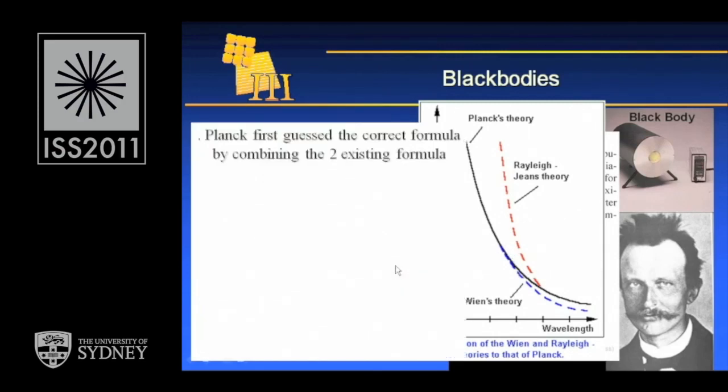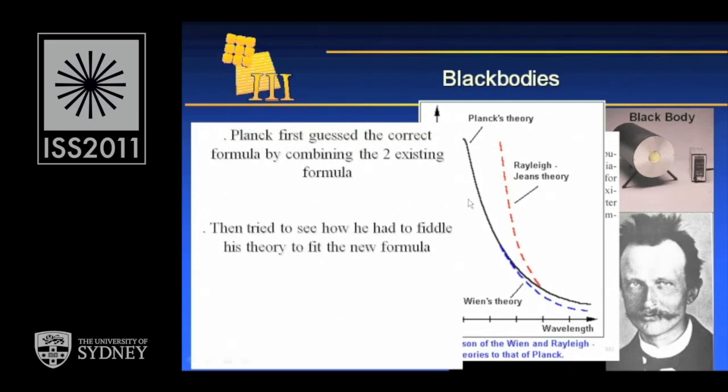So Planck did something quite interesting. He first guessed the correct way of combining these two results. So he came up with a correct theoretical description for the experimental curve. The experiments were good enough that you could tell that this formula had to be correct. So that was the first step. And then he tried to see how he had to fiddle with his theory to get that theoretical prediction. He knew the result he was after, so what did he have to do to fiddle it?